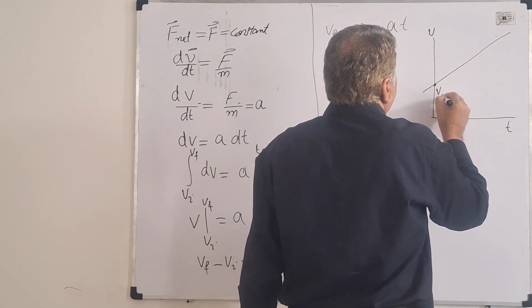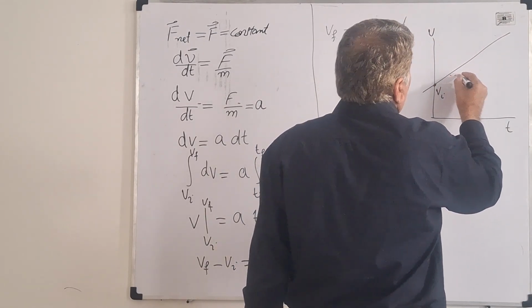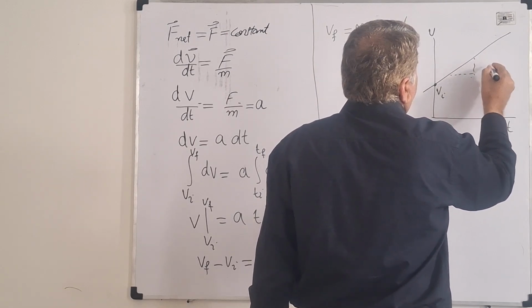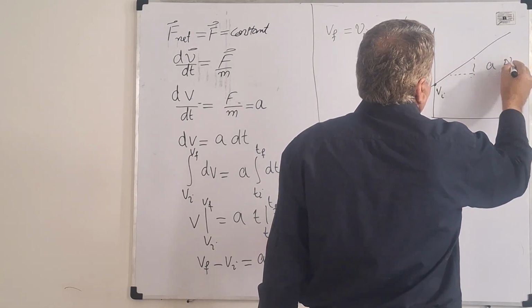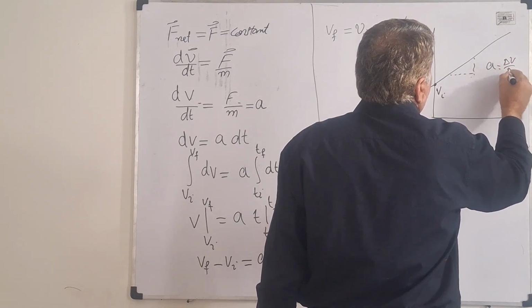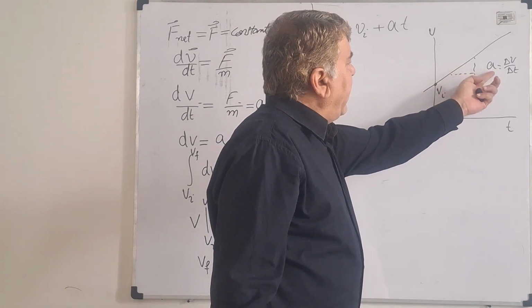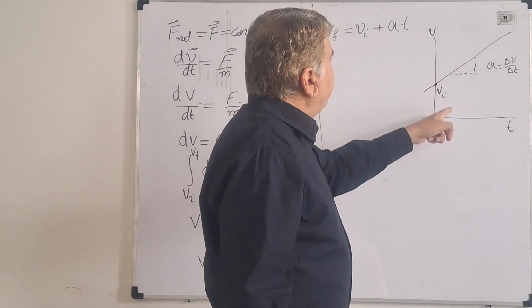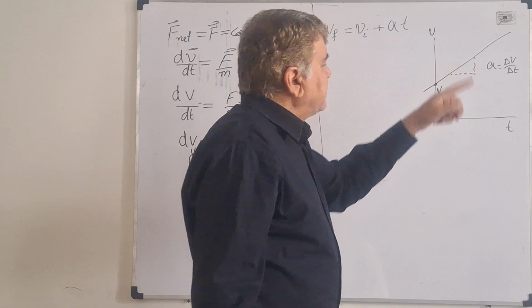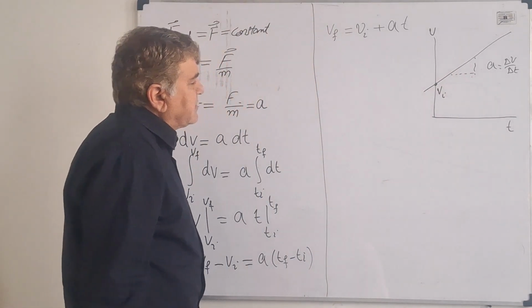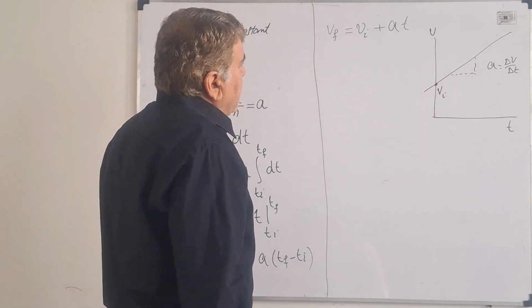This is vi, and the slope, rise over run, is in fact a. a equals del v over del t. So a is the slope of the line on the velocity-time graph or velocity-time plane.